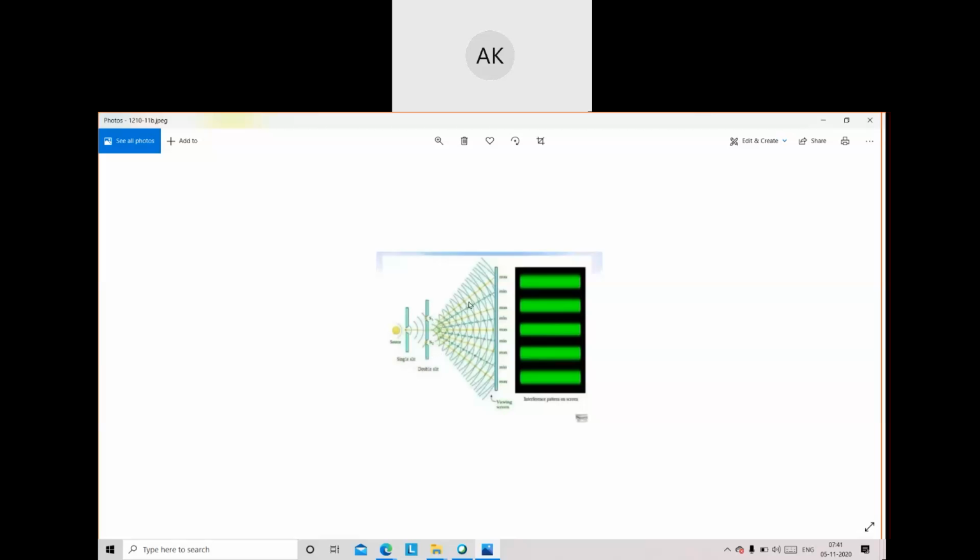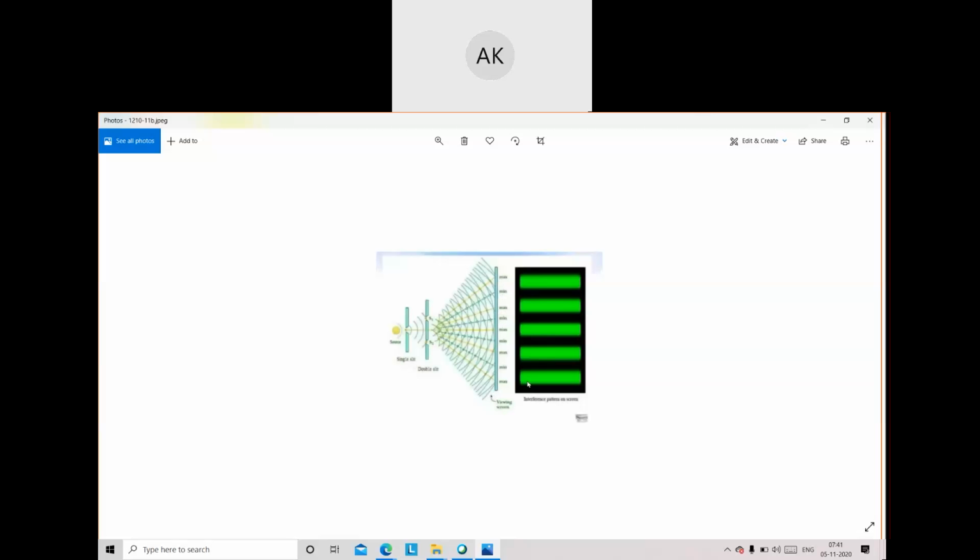At the place of constructive interference we get maximum intensity. The central one is a bright region. Then at the place where destructive interference takes place we get minimum intensity. Again constructive interference, then destructive, constructive, alternating like that.